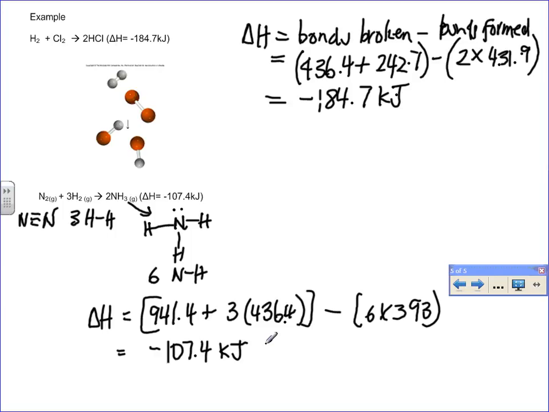The biggest challenge with these, although it sounds minor, is getting the math right. So you really have to be careful, do it twice, double check, and make sure you've got it.